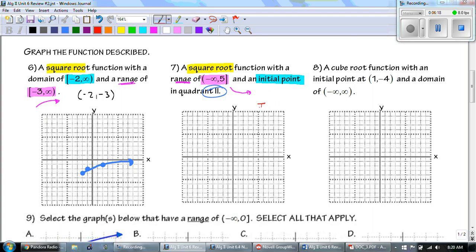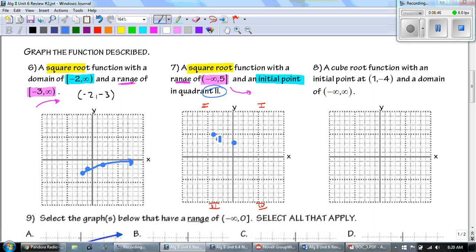Okay, so 1, 2, 3, and then 4. The only thing I have to make sure of is that my range is 5. Okay, so all they care about is that highest point, and then after that I have to go down. So I'm going down 1, right 1, down 2, right 4.